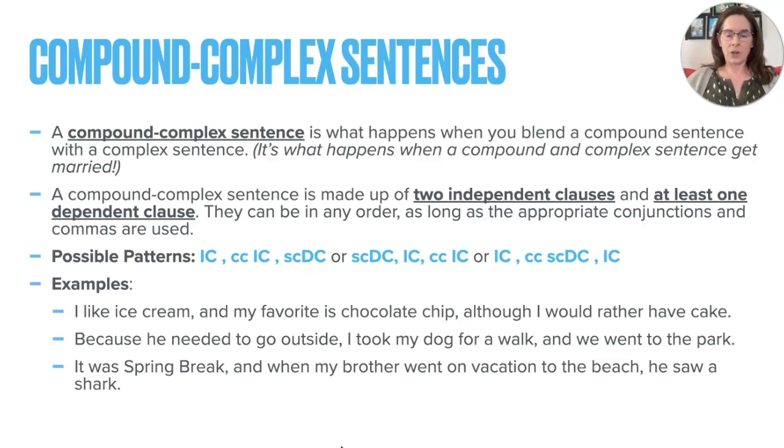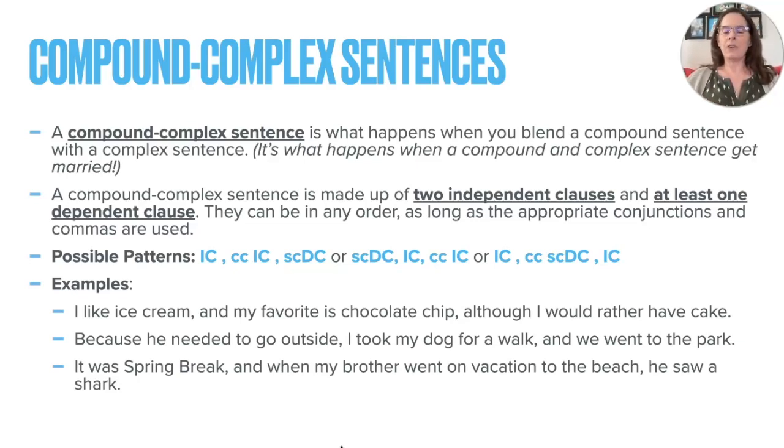Remember, it's a dependent clause if it has a subordinating conjunction. You could start the sentence with a dependent clause, beginning with your subordinating conjunction. Then you need a comma. Then you have your independent clause, comma, coordinating conjunction, independent clause. You're ending that sentence with the compound part. So you start with a complex, end with a compound.